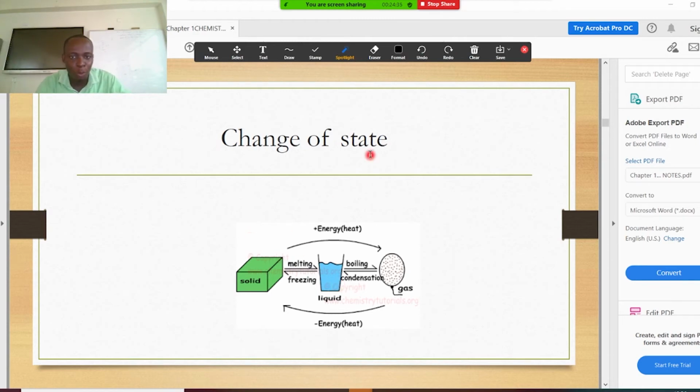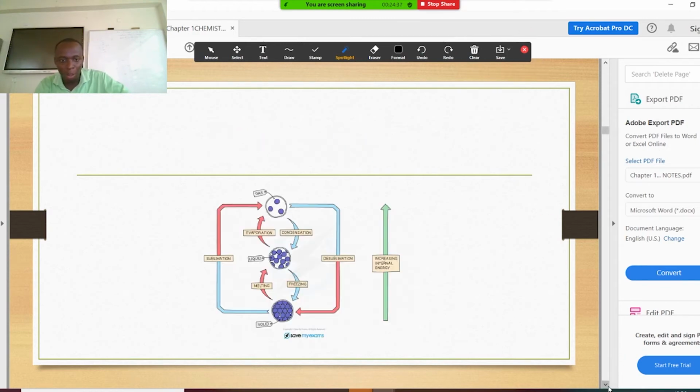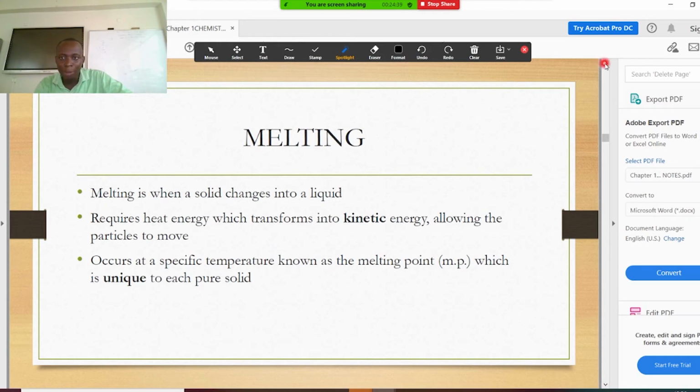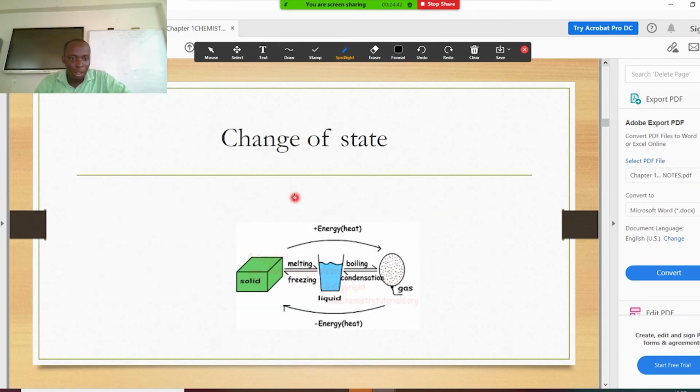Now let's pick the first one. You have a solid. Look at the direction of the arrow. The solid moving to the side. It first turns into a liquid, and after some time turns into a gas. Now, when you supply heat energy to a solid, the molecules will gain energy.